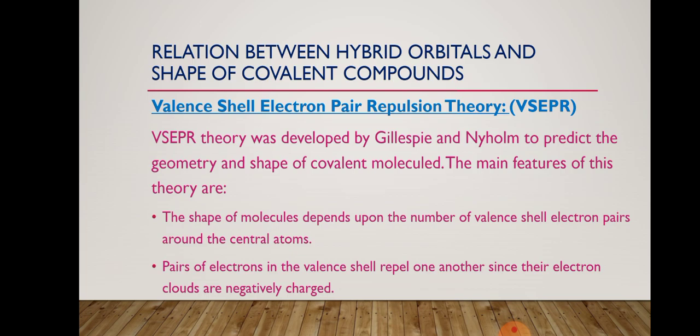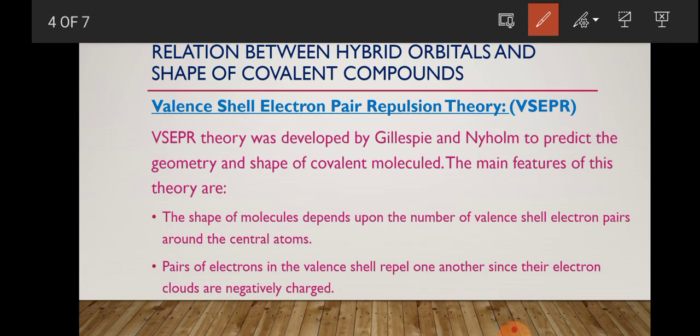And the shape or geometry of a covalent molecule depends upon the number of electron pairs present in the outermost shell, and both the bonding pair and lone pair of electrons in a molecule around a central atom determine the shape of the molecule.